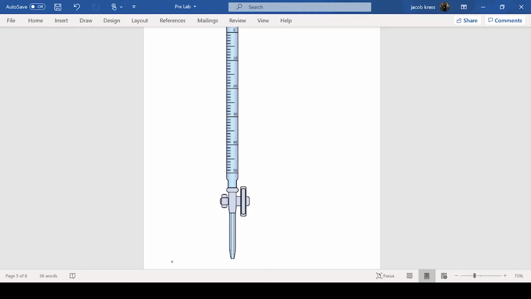You guys can see along the side here, the graduations start at 0 at the top and go down to a certain amount, 50 here. And these are very, very fine graduations in real life. This cartoon of it only shows 1 mL increments. The ones in lab have increments to a tenth of a mL each, and then you can estimate between the tenths of a mL to get very accurate readings.